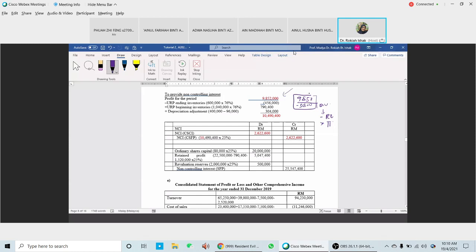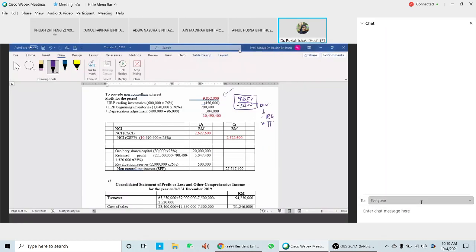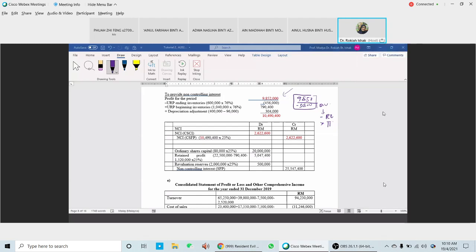Your friends already gave an answer with these kinds of figures last time. We made an amendment to the previous answer. Remember that dividend is not deducted from the profit; the amount you pay for a dividend comes from retained earnings. So we are going to recalculate the amount of the NCI.